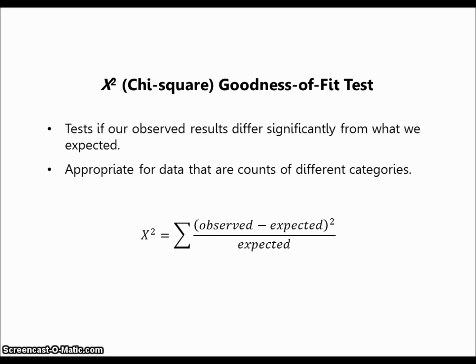So this is our chi-square goodness of fit test, and it's testing if our observed results differ significantly from our expected. And this test is especially appropriate for data that are counts, when you're counting numbers of observations in different categories. And this is the formula that we use.